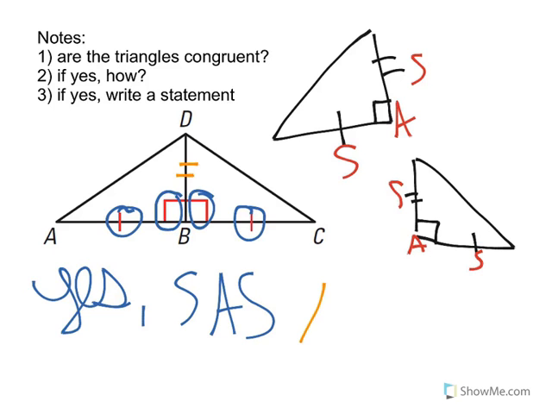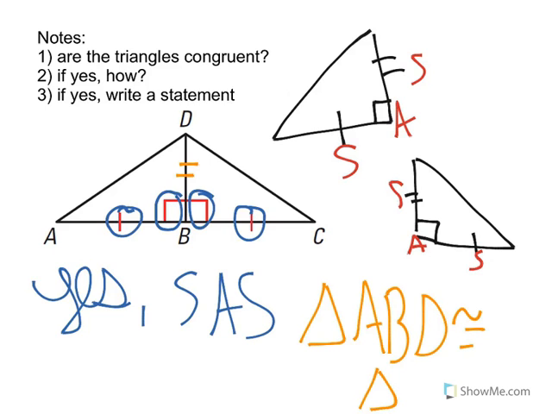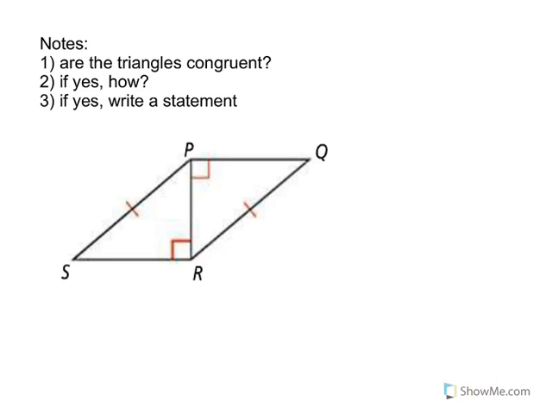And your statement would look like triangle A, B, D is congruent to triangle C, B, D. Okay, so we have a set of sides, and we have a set of angles.